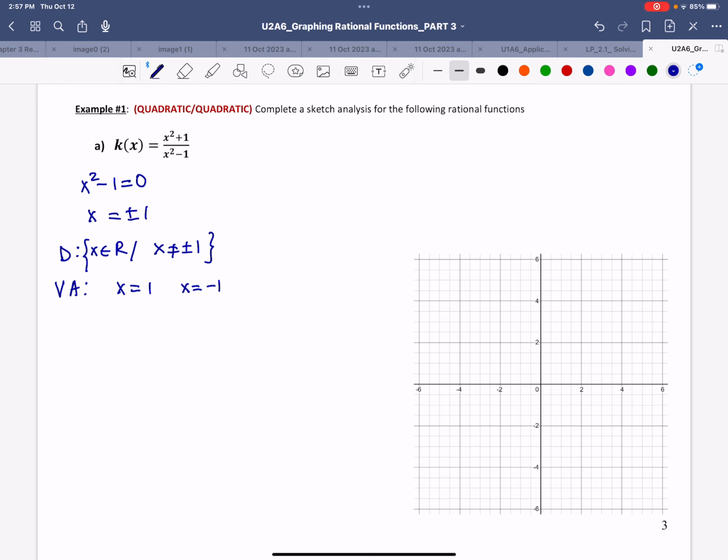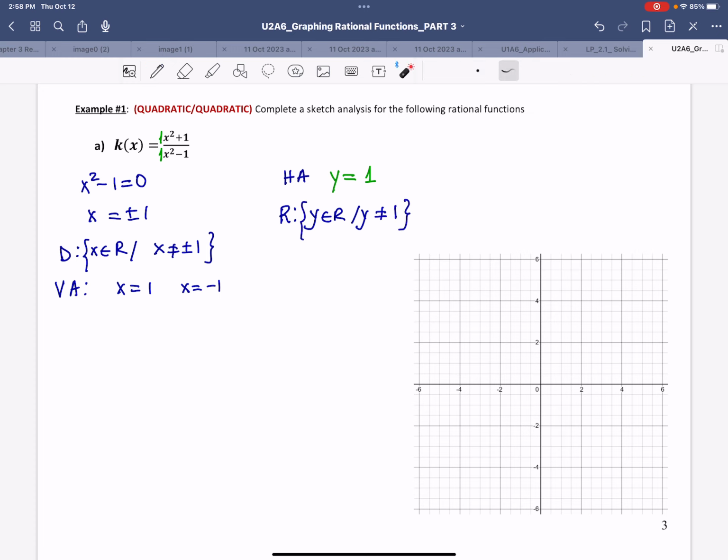Next, I will try to determine the horizontal asymptote. For horizontal asymptotes, again, we're looking at the ratio of the leading coefficients, and the ratio of leading coefficients in this case is equal to 1. And we're going to say that for the range, y values can be anything, but it's unlikely that they will be equal to 1.